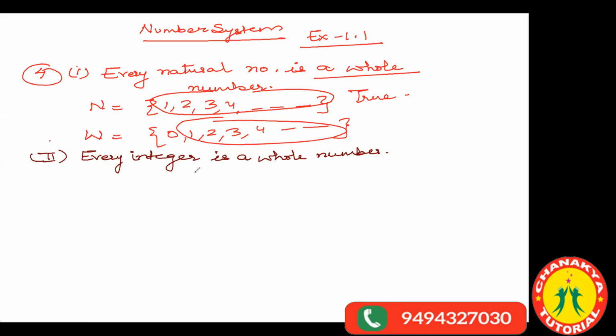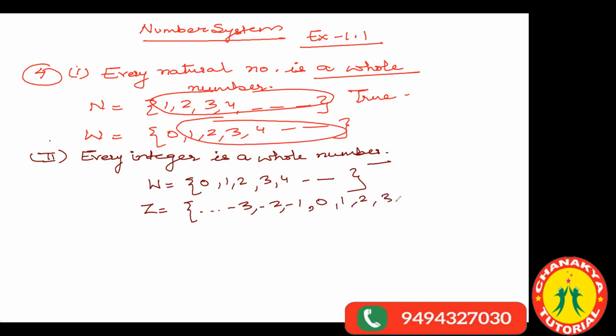See, I have written the whole numbers here. W is equal to 0, 1, 2, 3, 4, and so on. These are the whole numbers. Right, Akshara? And your integers are, suppose, -3, -2, -1, 0, 1, 2, 3, 4. Now tell me, this statement is true or false?